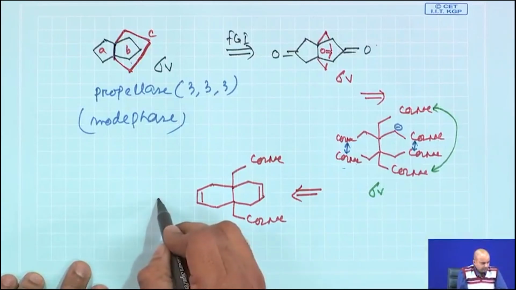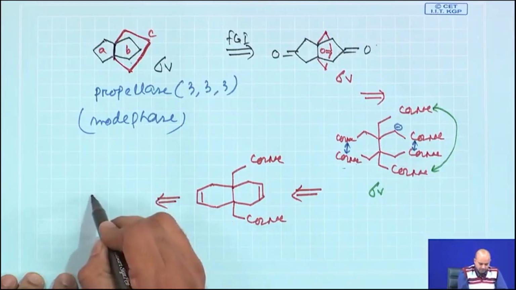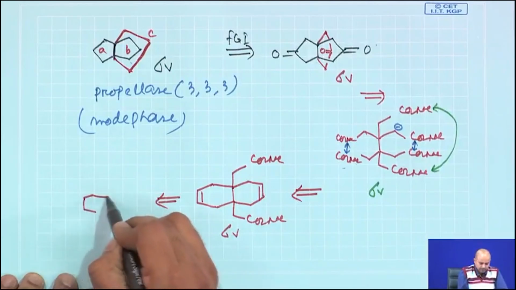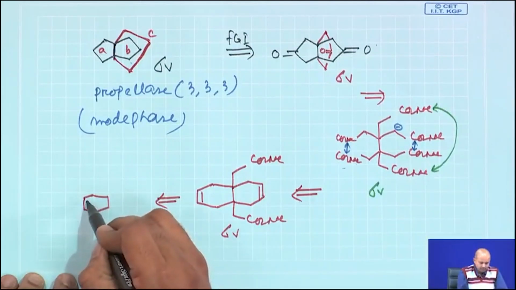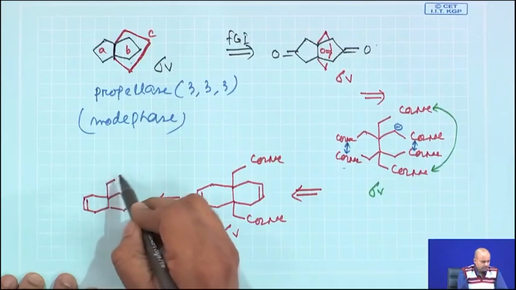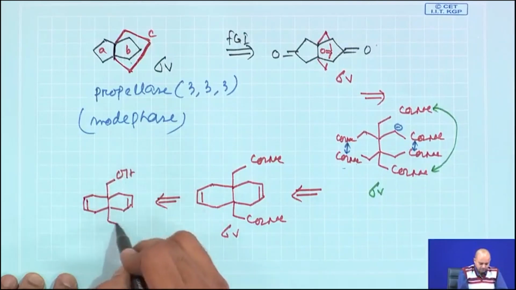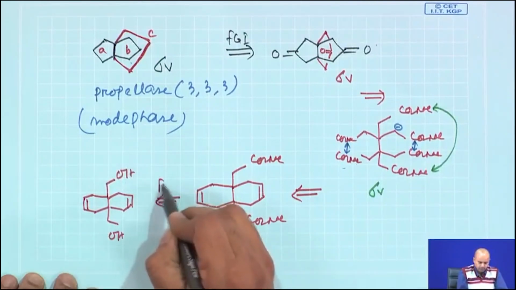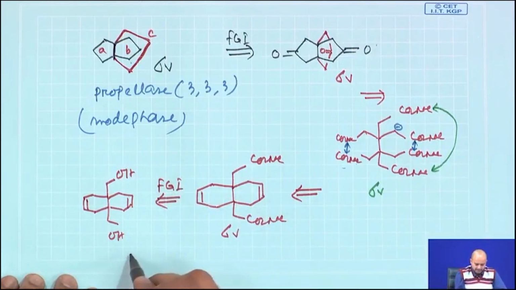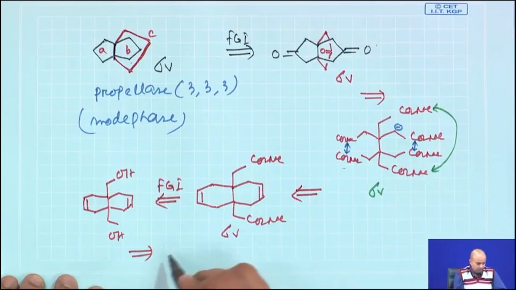Now, this is also sigma V. So, symmetry was maintained. If you have this diol, you can simply do the FGI, normal FGI, and then this retro we are now closing here.